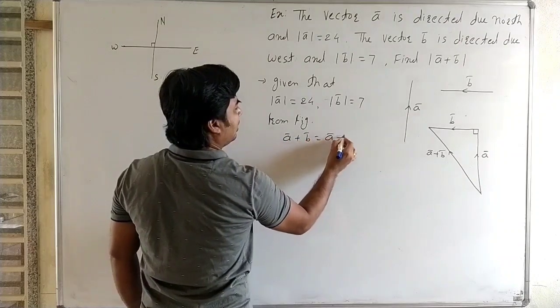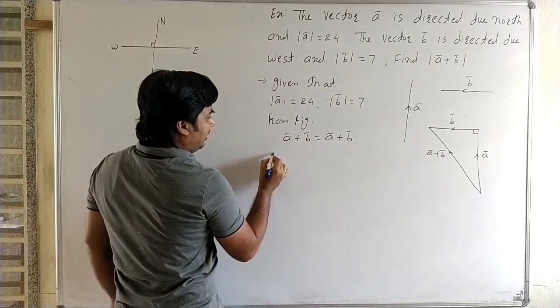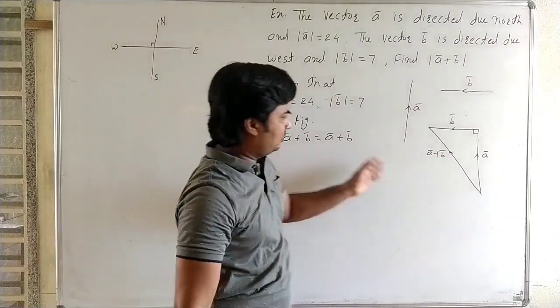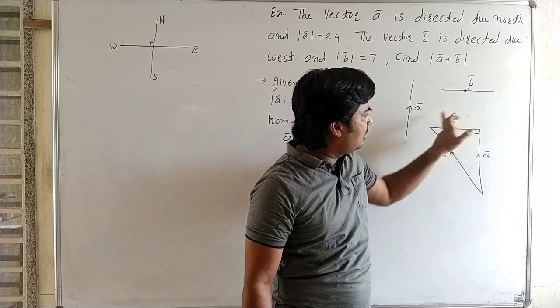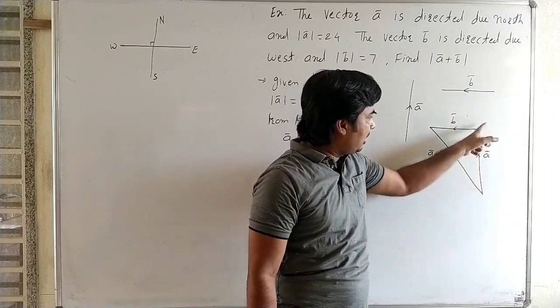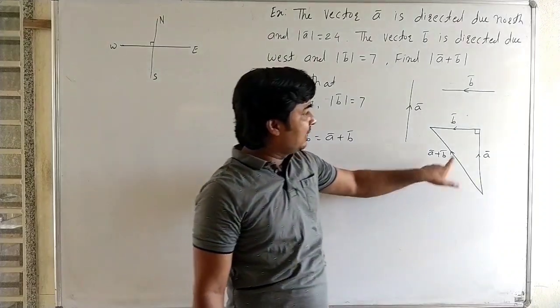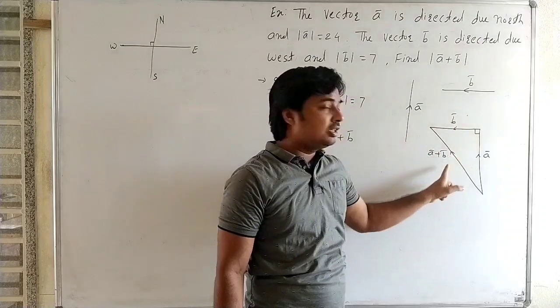Then triangle ABC is a right angle triangle, because vectors A bar and B bar are perpendicular. Therefore the addition of these two vectors is the diagonal.